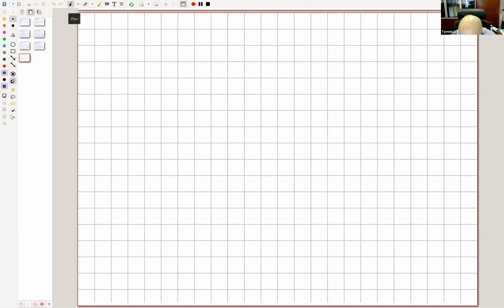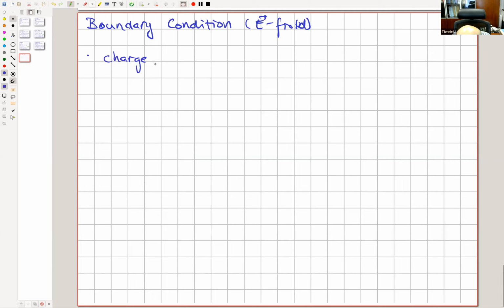So let's take a look at boundary conditions, in particular for the E field. We have a charged surface with surface charge density sigma.